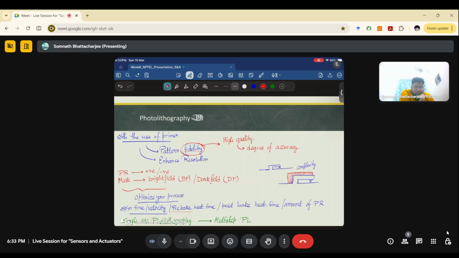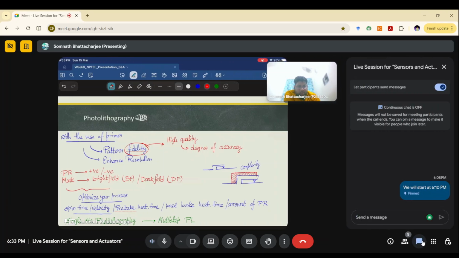Any other problems you might face? You can use the chat box as well, so I can see it from there as well.